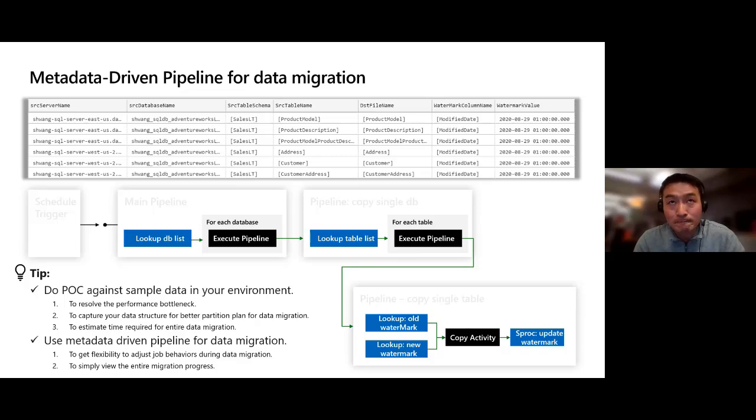The reason is that your file pattern, your network bandwidth, and everything around your environment is unknown. So based on some POC testing, you can gradually figure out and resolve the performance bottlenecks. For example, you may start by copying 10 gigabytes of data with a single copy activity. After you copy the data, the copy activity monitoring page shows you a performance tip telling you what the performance bottleneck was in your last run.